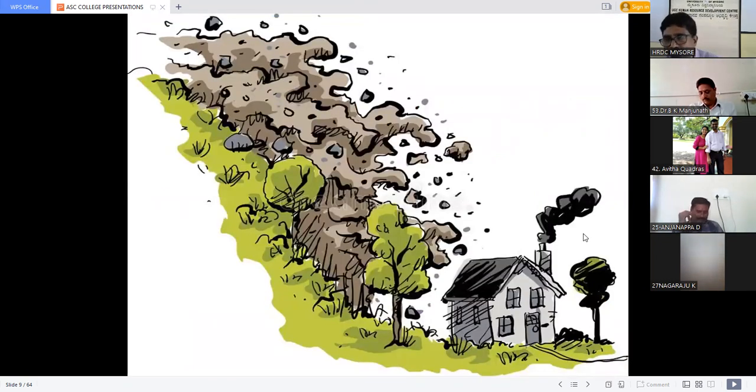Look at these figures now. At the top level, during mass movement, it means during the rainy season, the rainwater falls on the surface itself. Then the water travels from one layer to another, from the higher level to the lower level.